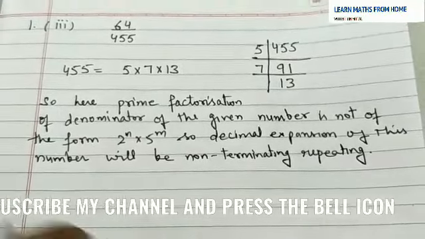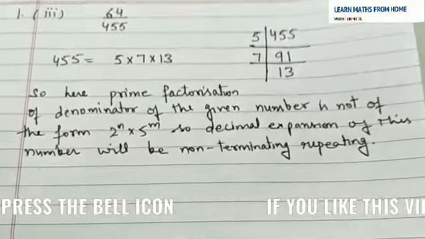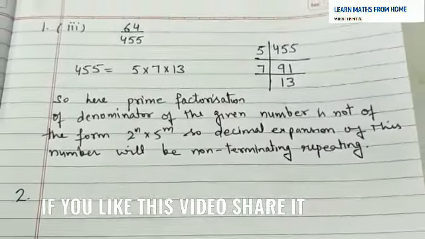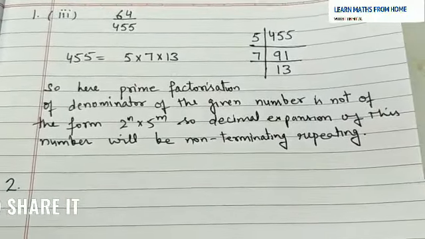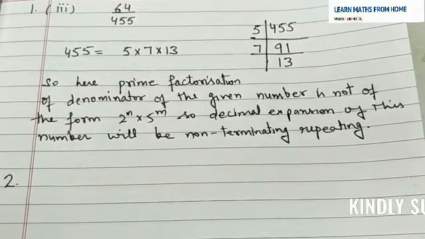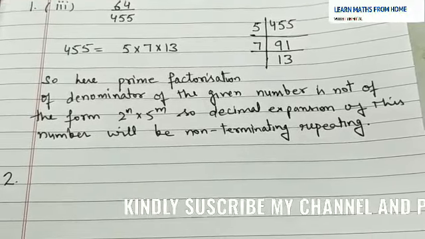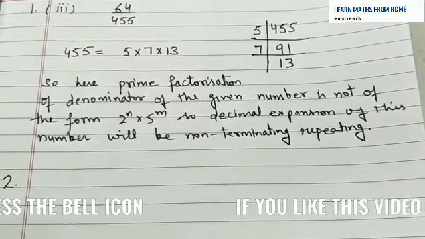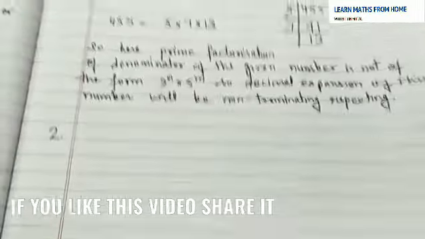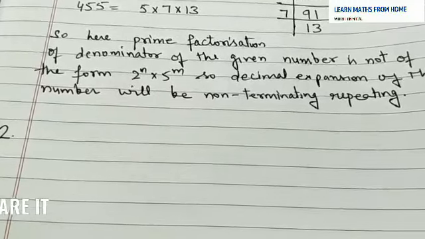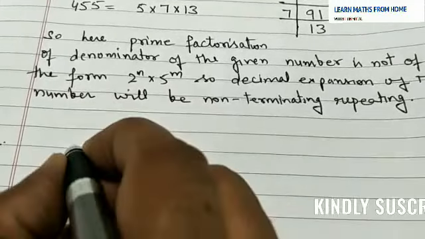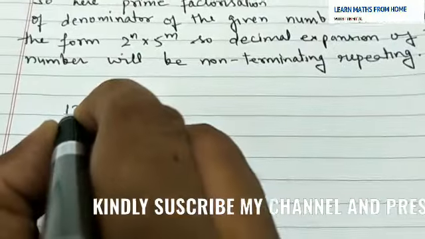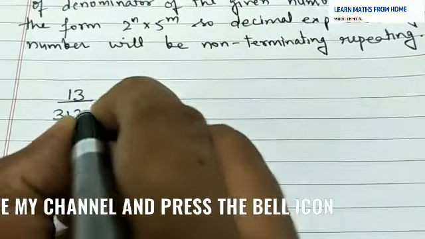Now next question, question number 2. In question number 2 they are saying that whichever parts of the first question have a terminating decimal expansion, convert them into decimal form. So how to convert them into decimal form? For this I am taking the first question, first part, that is 13 over 3125.